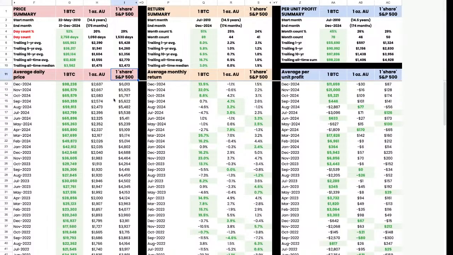I could use the SPY, the S&P 500 ETF, but I'm not going to use that because that's about 10 times smaller. It usually is about 10x smaller than the S&P 500 index, but just for clarity's sake, that's what I'm going to use here. So 1 Bitcoin, 1 ounce of gold, and 1 share of the S&P 500.